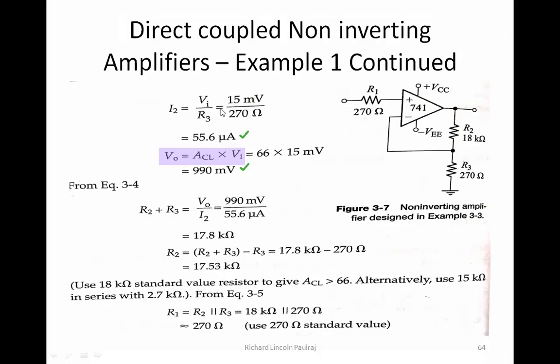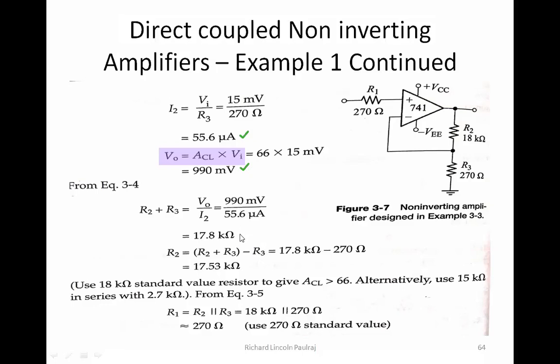Plus or minus 20-30 ohms here and there is fine, because it's not in the range of kilo. So R2 plus R3, are we getting 17.8 kilo? Yes, sir. Fine, so 17.8 kilo ohms.